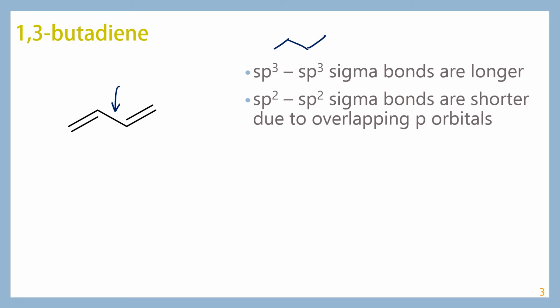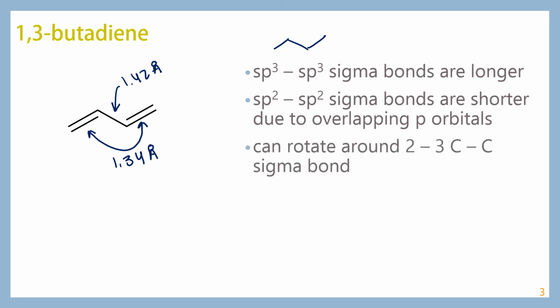And so how that actually comes about on 1,3-butadiene is that the sigma bonds that are actually paired with these pi bonds are a little bit shorter than the sigma bond that is in the middle. Even though it's not actually between two sp3 carbons, since it doesn't have a true pi bond associated with it outside of resonance, it's a little bit longer, but not a lot.